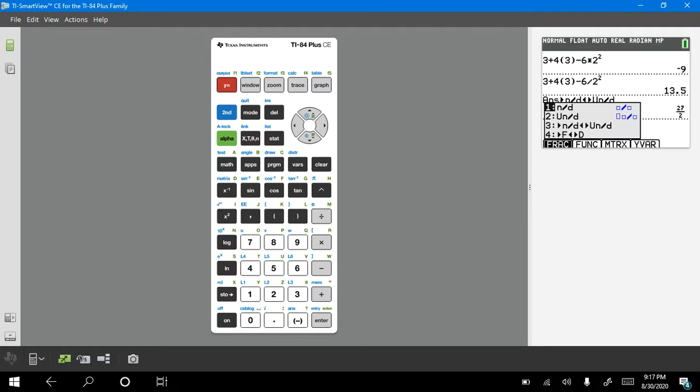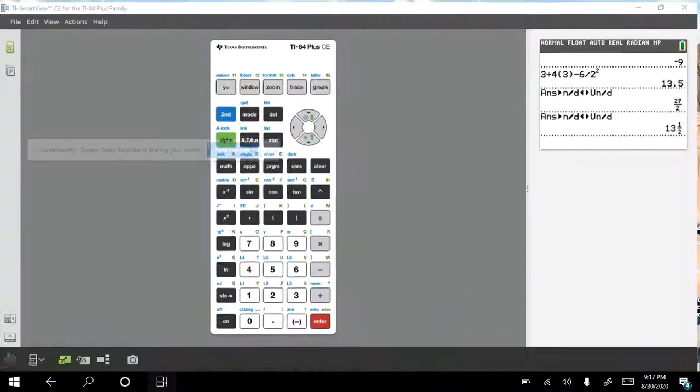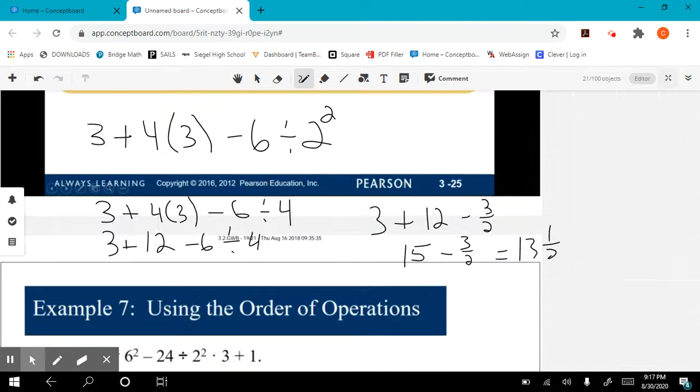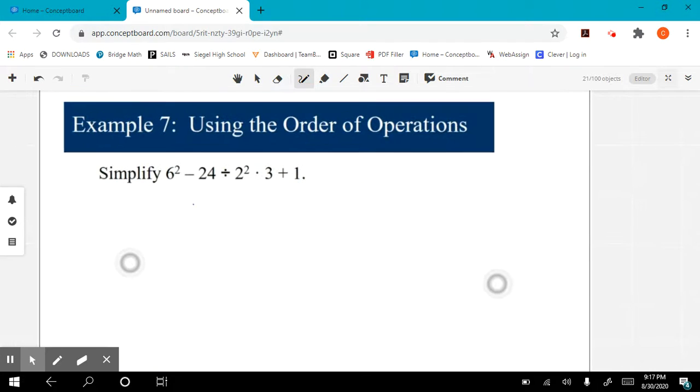We'll change it to a mixed number. Yes, 13 and a half. So these calculators will take care of the order of operations for you. But let's step through a few problems where I don't just punch it in a calculator so we see.